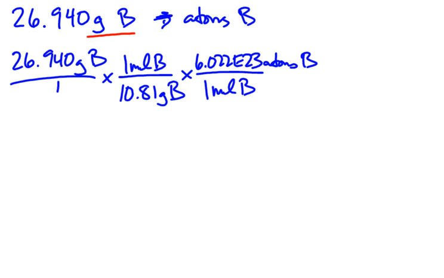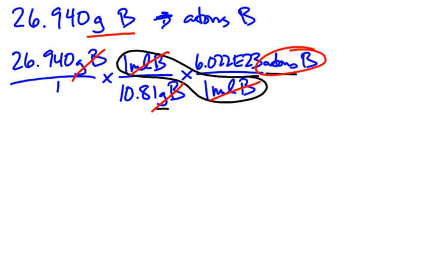So here I used the mole as a bridge between grams and atoms. Now, if you're good with your algebra, then you can make this a 2-step process. If you want to know about that, you're welcome to ask, but if you're having any slight problem grasping this, do it the way I'm doing it right now. So grams of boron cancel out, moles of boron cancel out, and I'm left with atoms of boron.